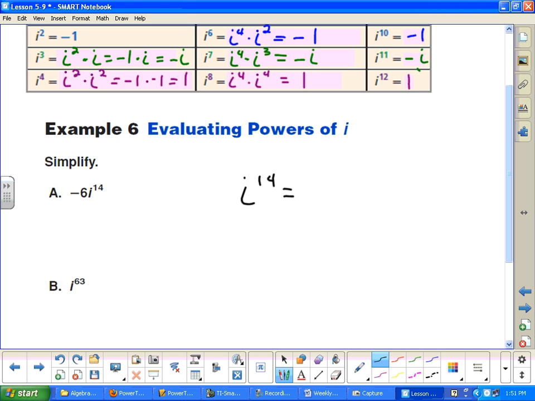So this would be i to the 12th times i squared. I want this number here to be a multiple of 4, because then whatever's left is either going to be 1, 2, or 3. And we know the i squared is negative 1. So this would be negative 6 times negative 1, which is 6.